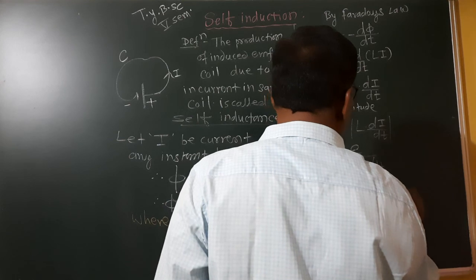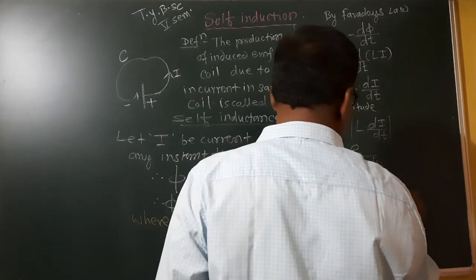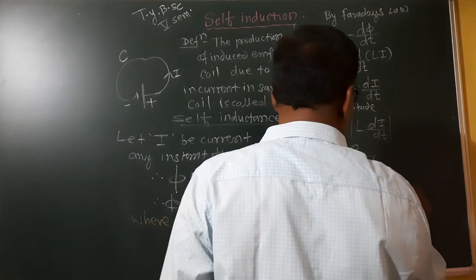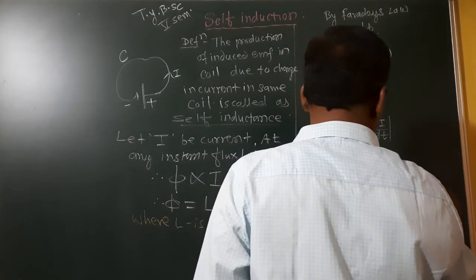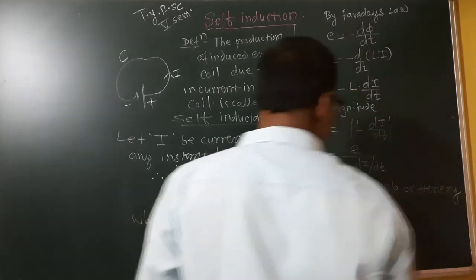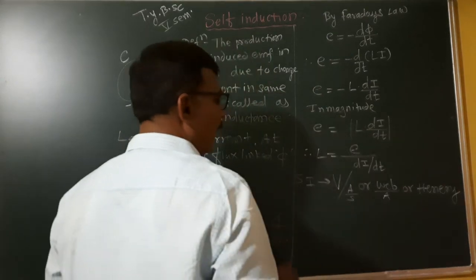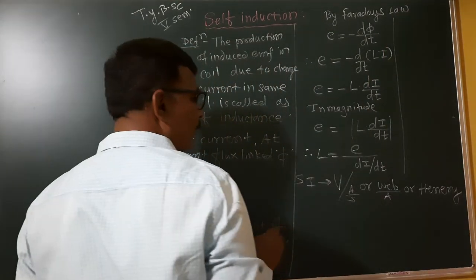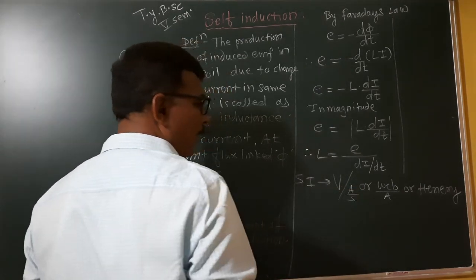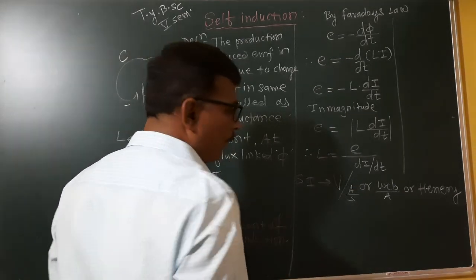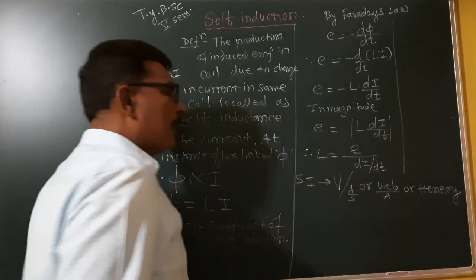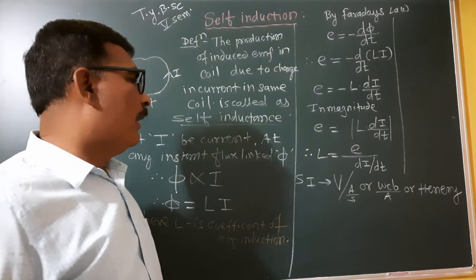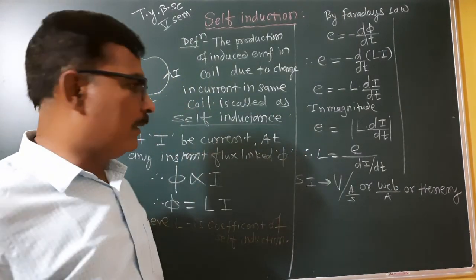Or it is also called a Henry. Henry is the unit we have. Volt per ampere second, or Weber per ampere, or Henry. These are the different units for self-inductance.